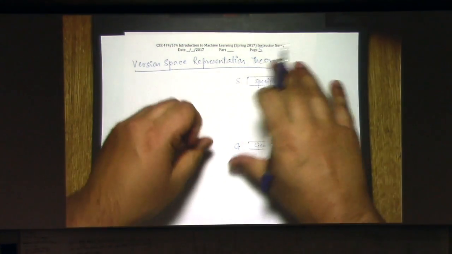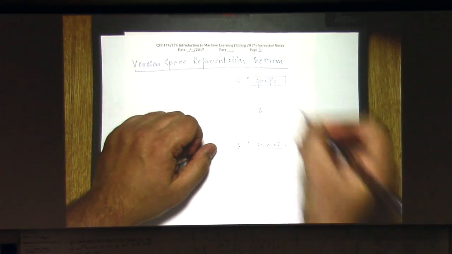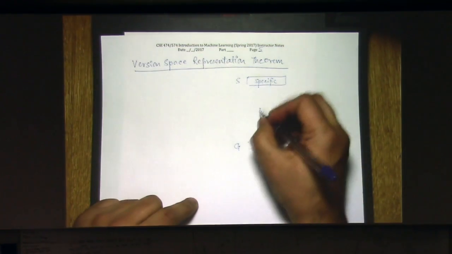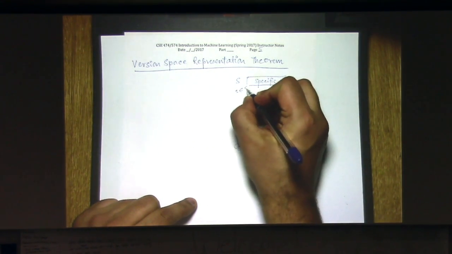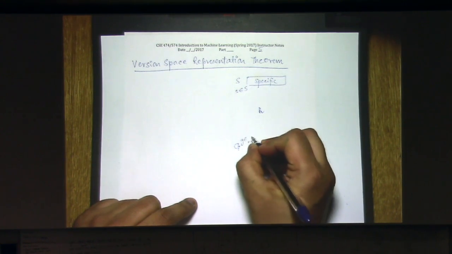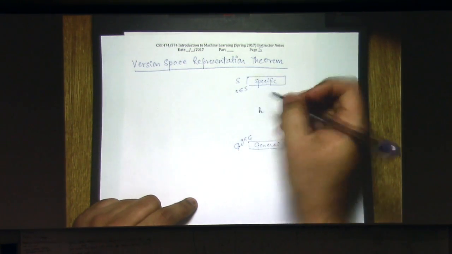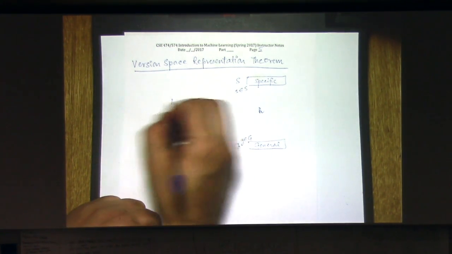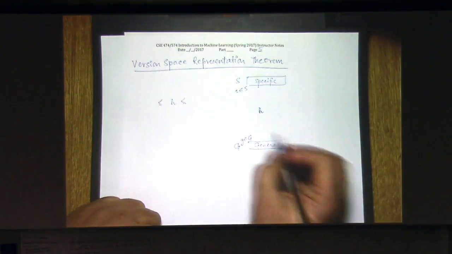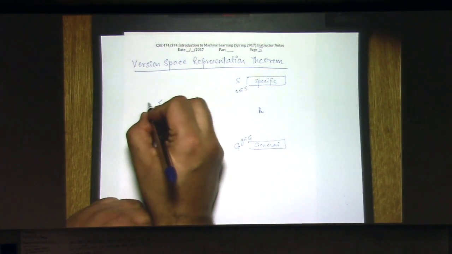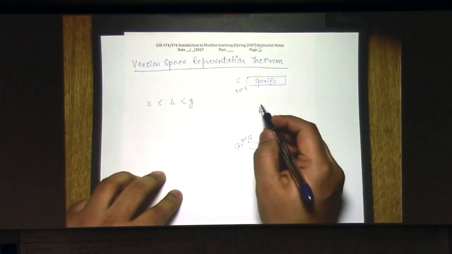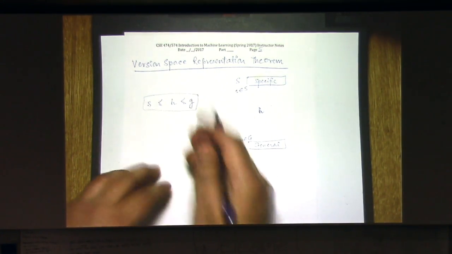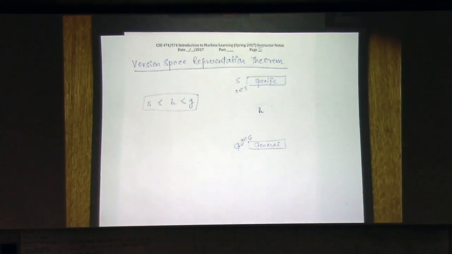If you can arrange this, then if you take any h here, the theorem says that there will be an s, lowercase s, that belongs to S, and one g that belongs to G, such that h will be more specific than this g and more general than this s. That is the definition of this theorem: any hypothesis in the middle is going to be bounded by these two on the boundaries.